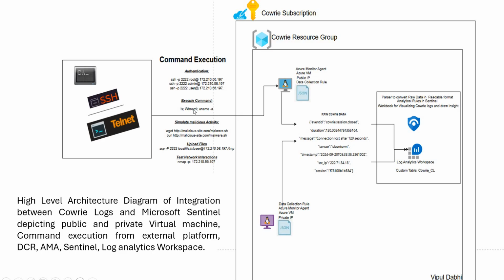He is able to perform malicious commands like trying to authenticate to the machine, trying brute force, executing commands like whoami, uname, simulating malicious activities like wget to a malicious site, downloading malware, curl to that malware, uploading malicious files, testing nmap, etc., which will eventually be converted into log format.